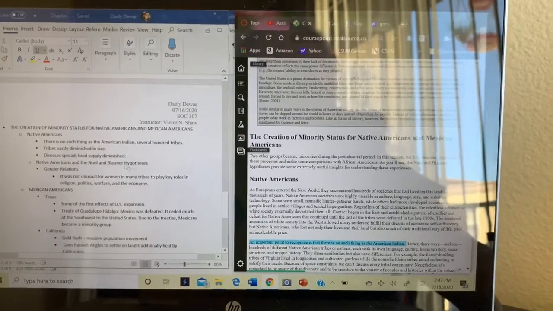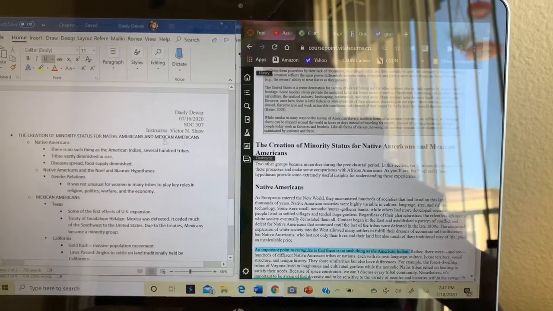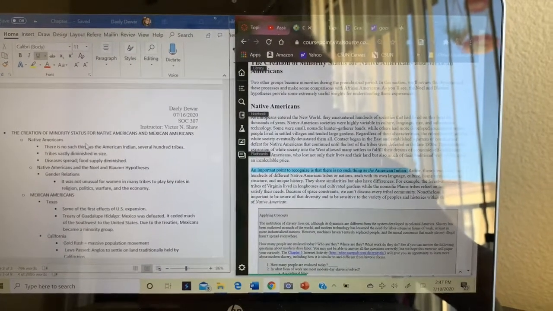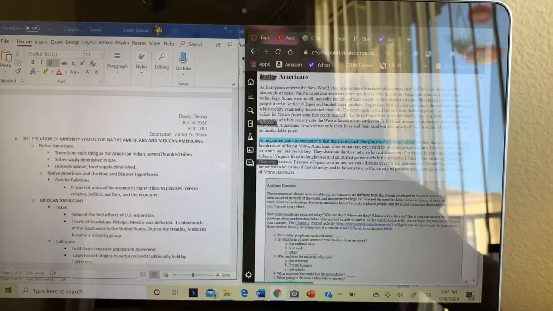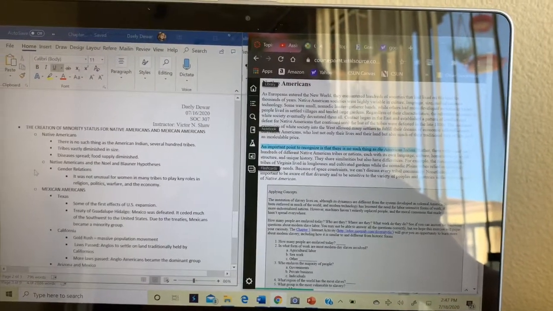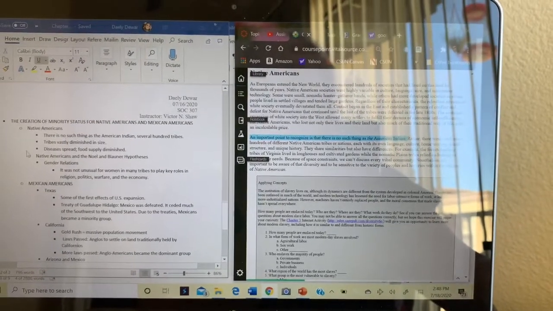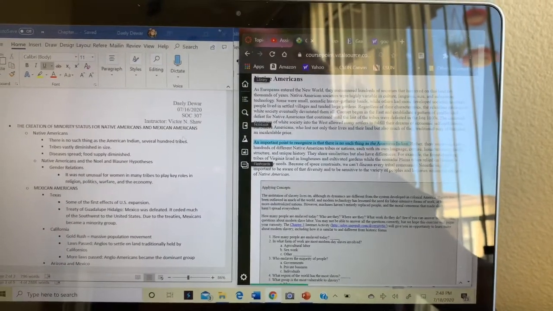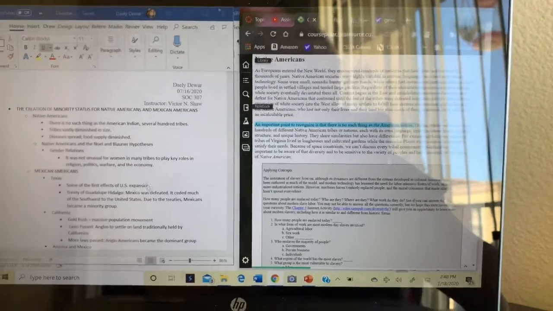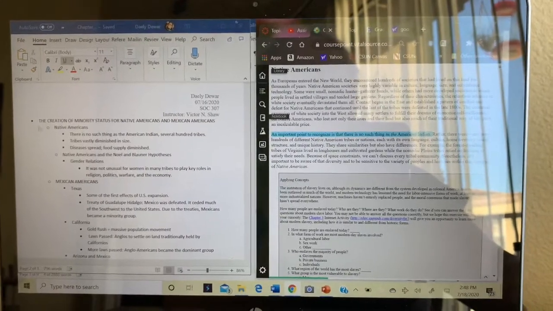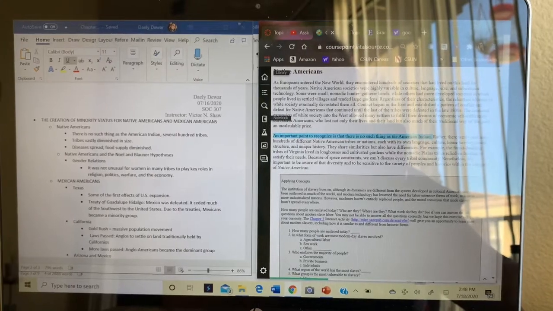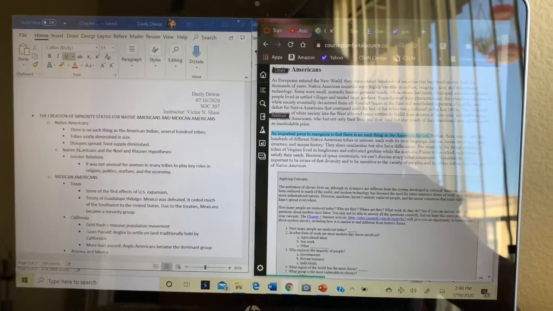The next section, the creation of minority status for Native Americans and Mexican Americans. Here, it basically breaks down each of the groups. So it starts with Native Americans. It first points out that there's no such thing as an American Indian, rather there's several hundred tribes that existed. However, those tribes quickly diminished in size due to colonization and taking it over and conquering them.